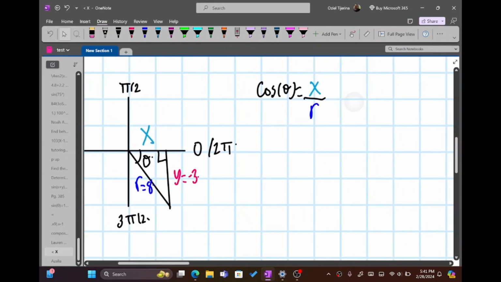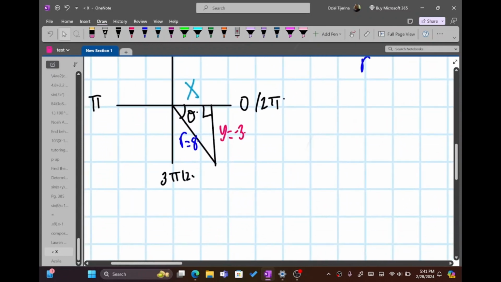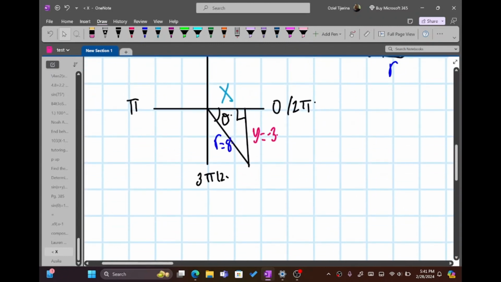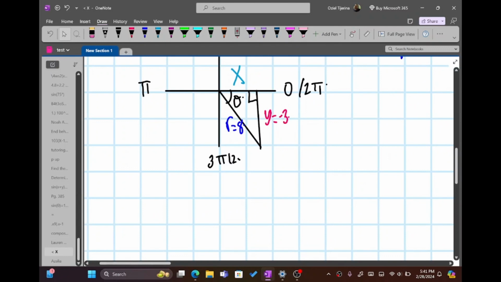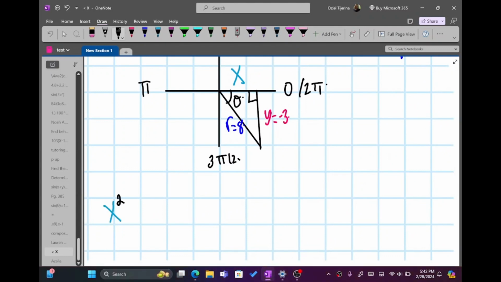Now, for the Pythagorean theorem, we're going to do x squared plus y squared equals r squared. In other words, it's the same as the Pythagorean theorem, we're just going to do it this way.